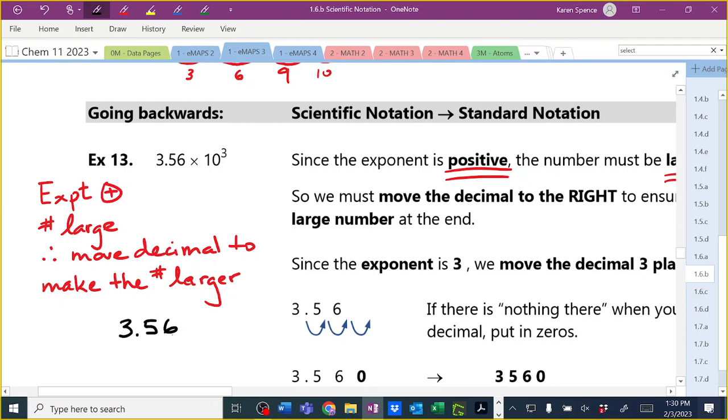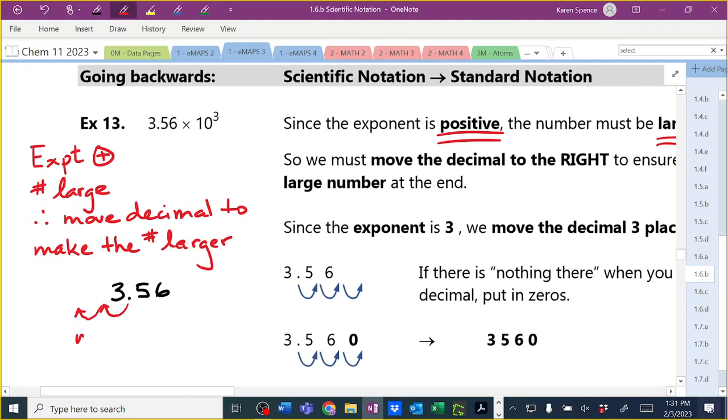Now, if you think about it, if I start moving my decimal to the left, would this be making my number larger or smaller? That would make my number smaller. Now I got like 0.036. So that makes the number smaller. That's not what we want. What we want to do is move it to the right, which makes the number bigger.